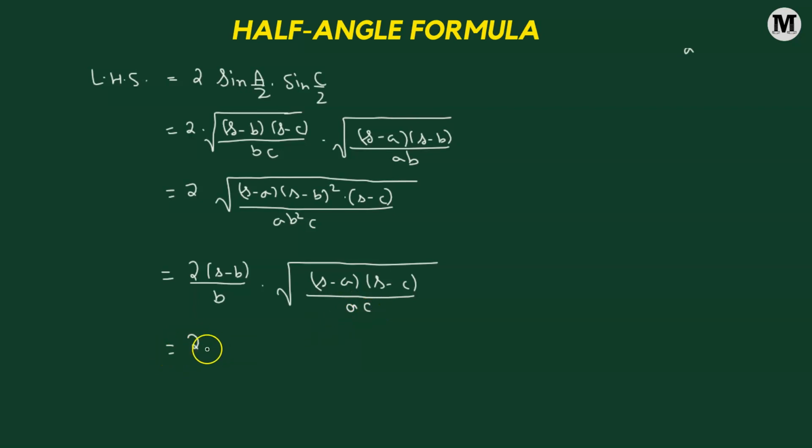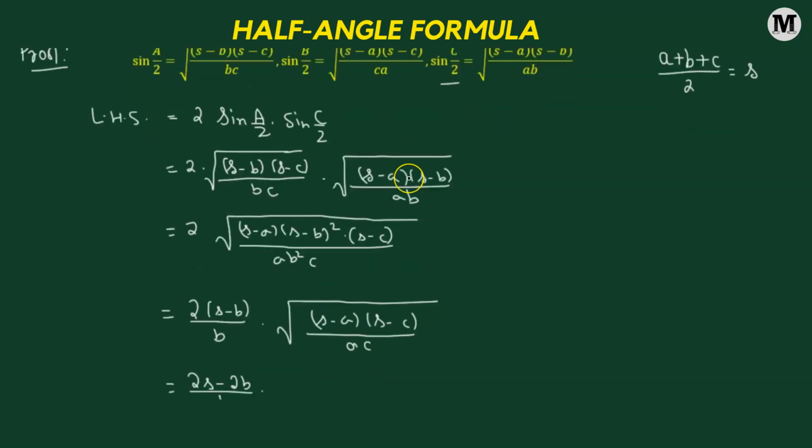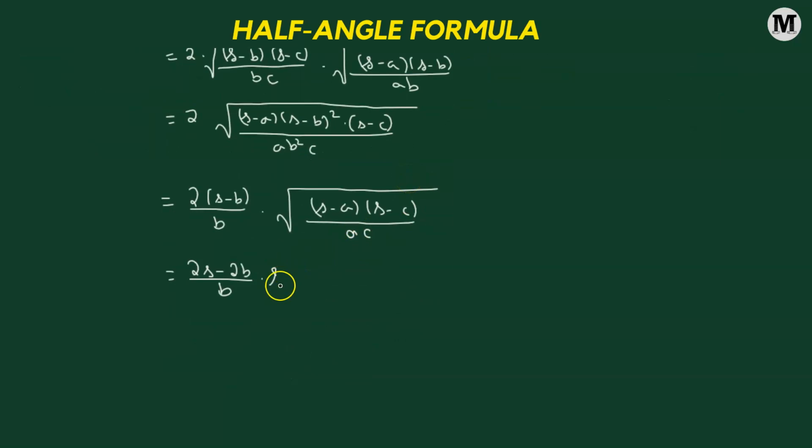And we have 2 times (S minus B) divided by B multiplied by the square root of (S minus A) times (S minus C) over AC. This is nothing but the formula for sine of B over 2, and we can replace it with sine of B over 2.